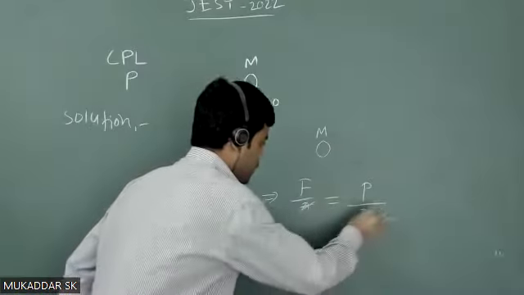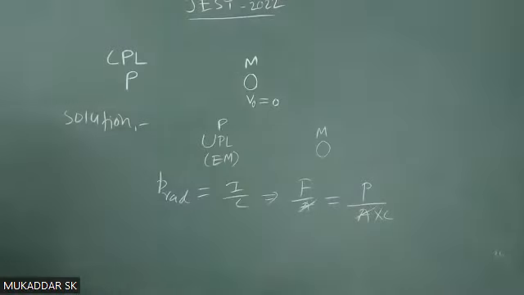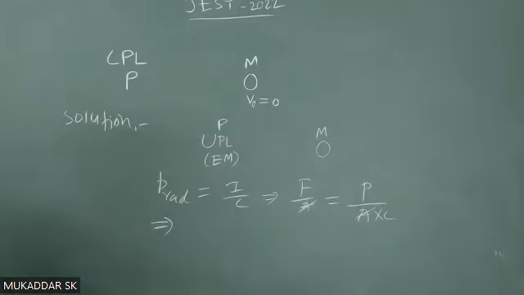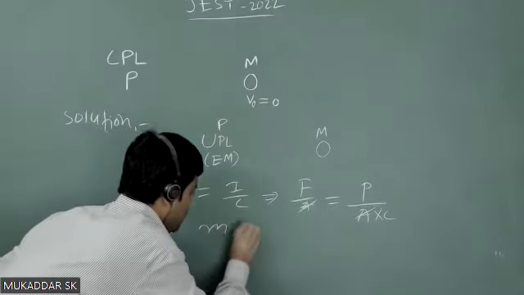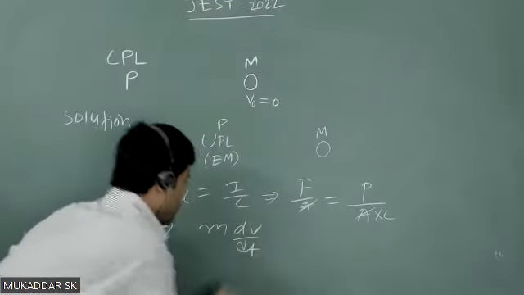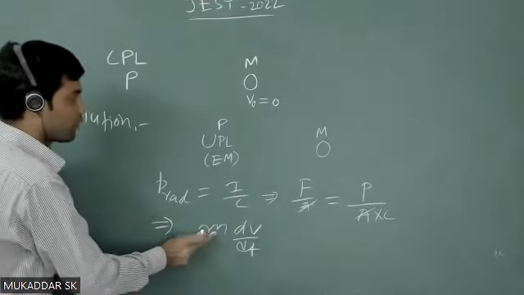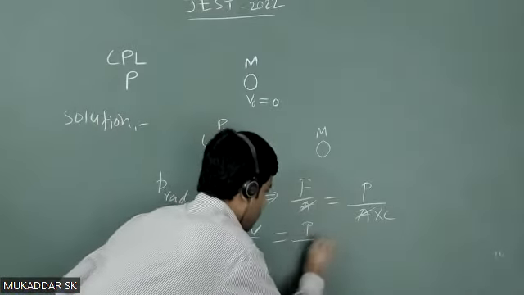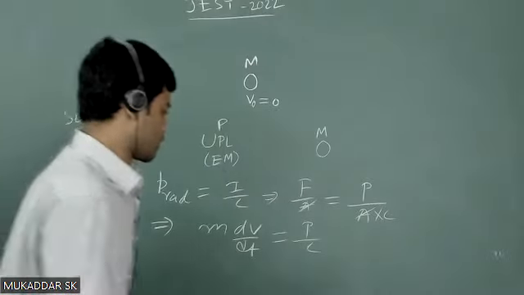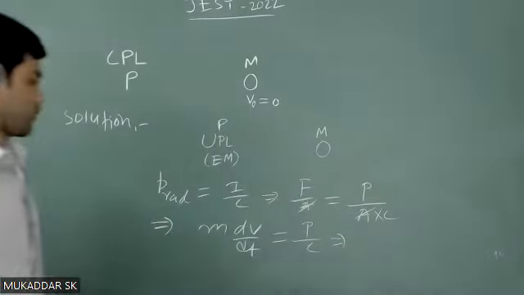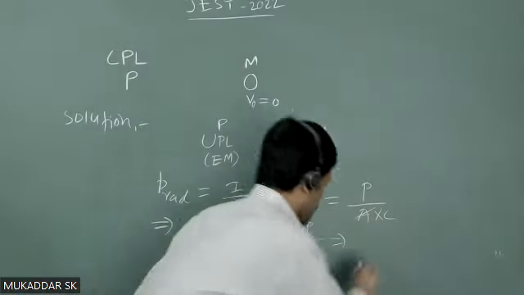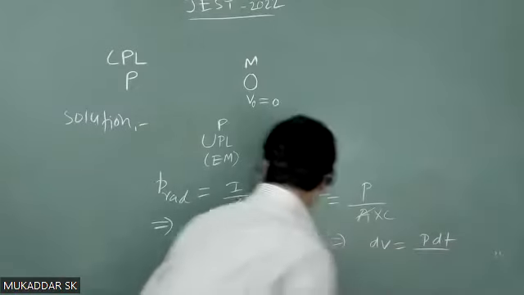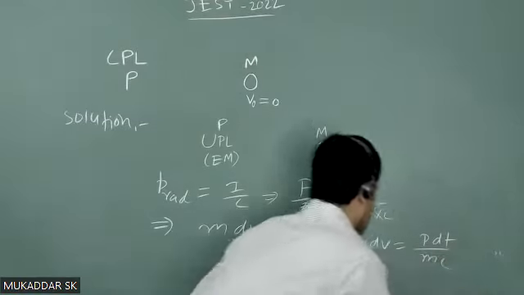So this A will be cancelled with this A, and F is force, so I'll use Newton's law. F is nothing but m into dV by dt, where M is the mass of this particle, and that will be equal to P divided by c. So from here I'll get dV equals P dt by m c.